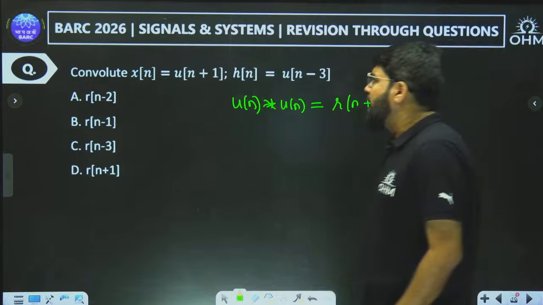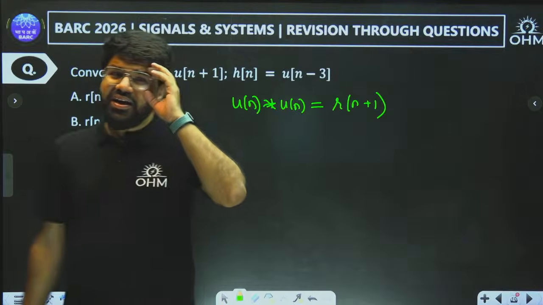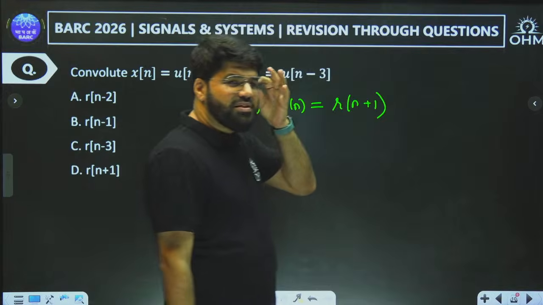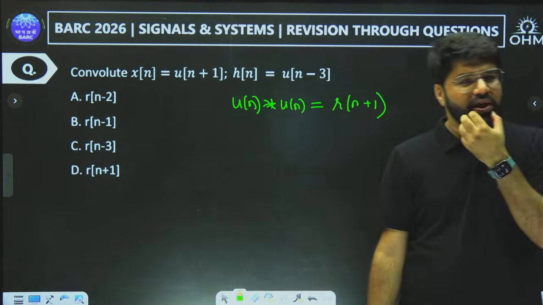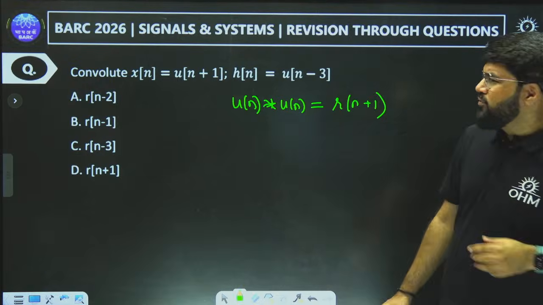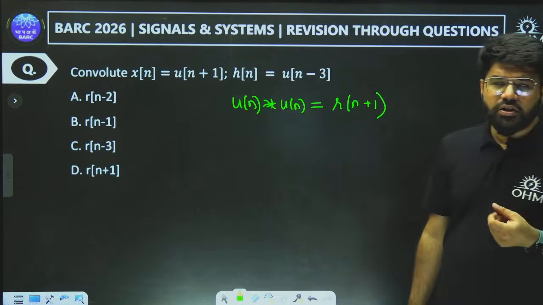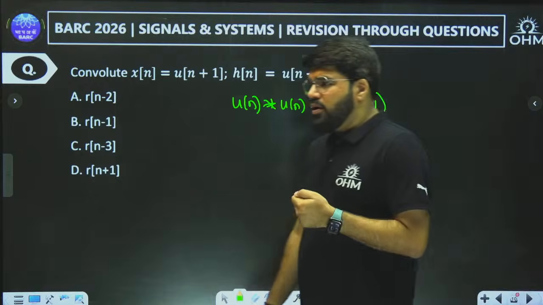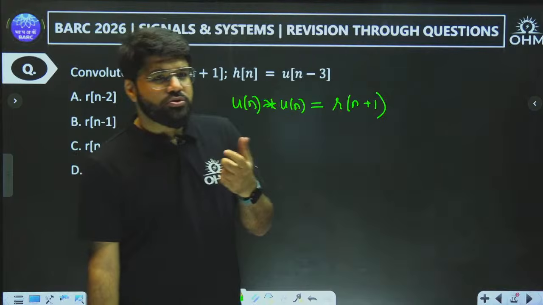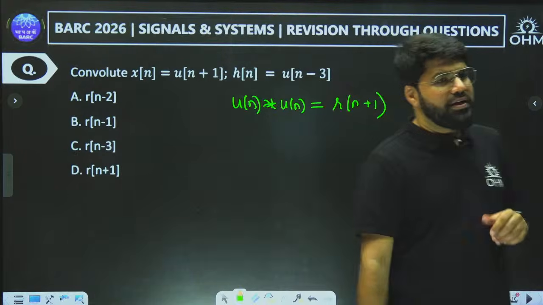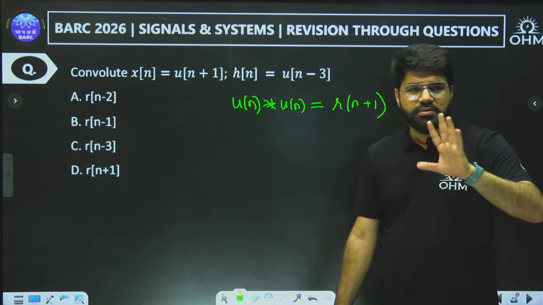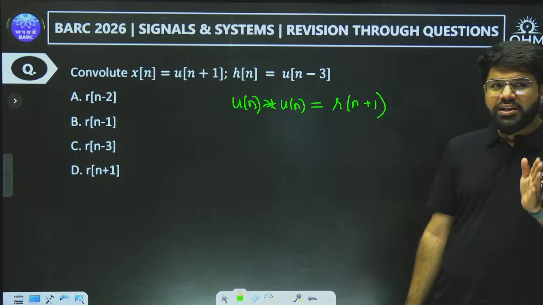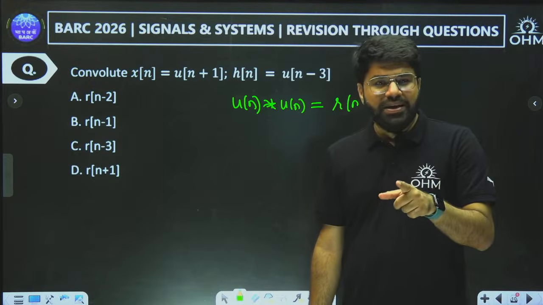Now time shifting has to be applied. 49 means probably around 1000 you can get the rank, so something decent you will get. Guys, if you have any doubts with respect to your marks, or what PSUs or what IIT or NIT you may get, I'll request you to message me on Telegram separately. The intent of this session is practicing more BARC questions.